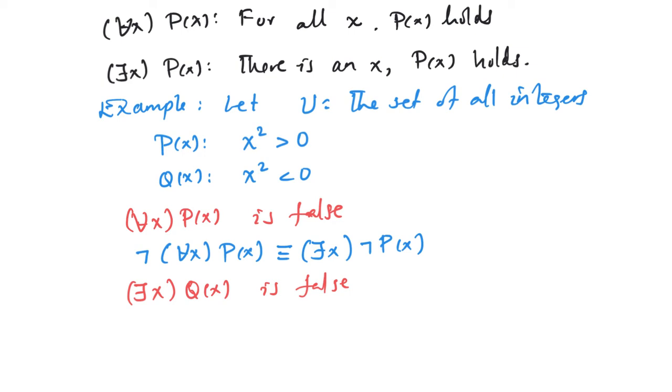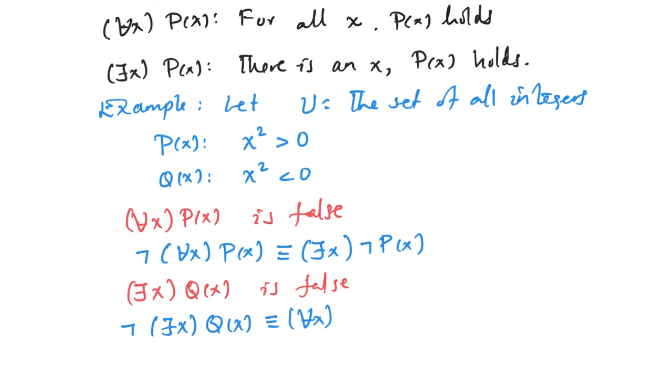This also indicates the following rule. Because this one is false, its negation is true. Hence the negation of there is some x such that q of x is equivalent to saying for all x, the negation of q of x. We know that this statement for all x is false, which means its negation is true.